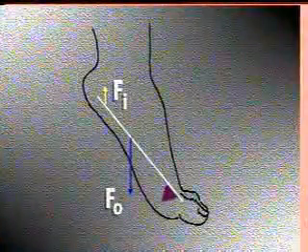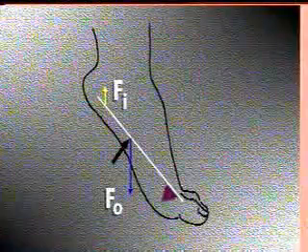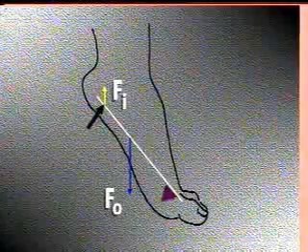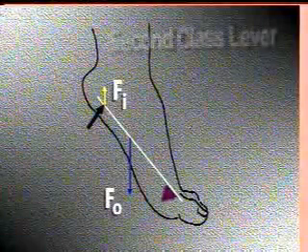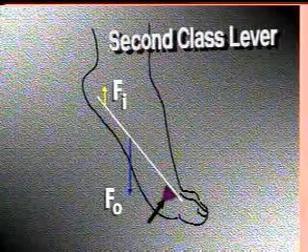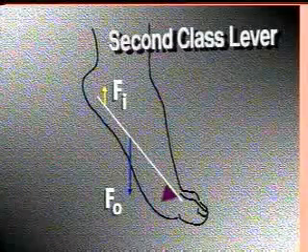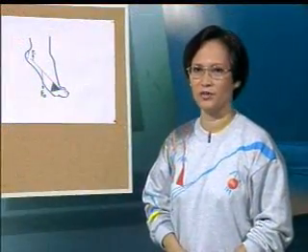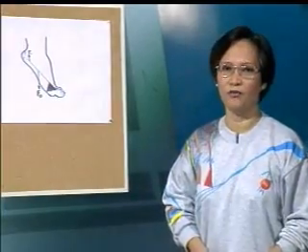In this case, the output force, F sub O, is between the fulcrum and the input force, F sub I. The foot is then a second-class lever where the fulcrum lies along the joints of the toes and the soles. In this type of lever, the input force is less than the output force, and the output force is equal to the weight of the human body.